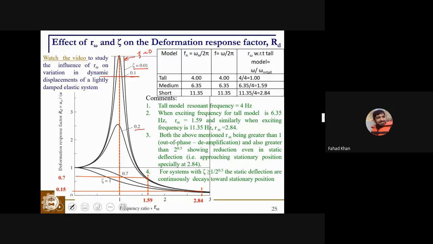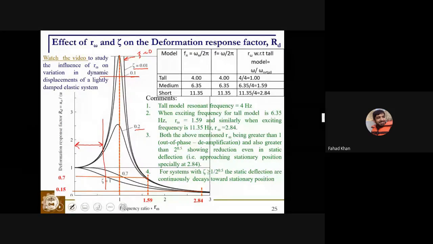Now there are three phases. If you look at this graph closely, one would be somewhere here. Between this region, the damping doesn't play much of a role. All these curves are very close to each other, and there is no clear demarcation between the response of the 10% damped structure and the 20% damped structure.